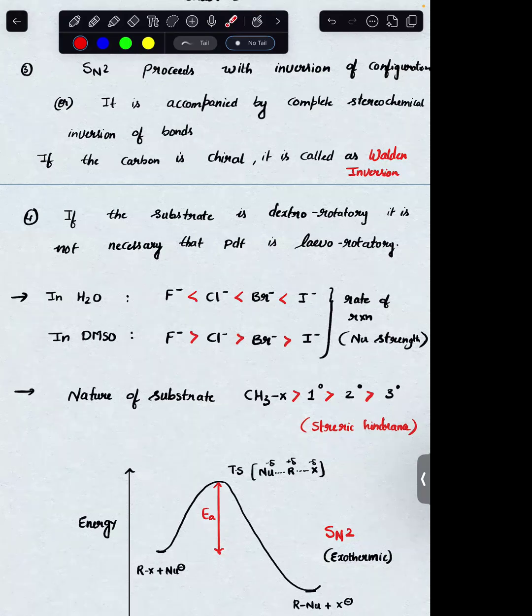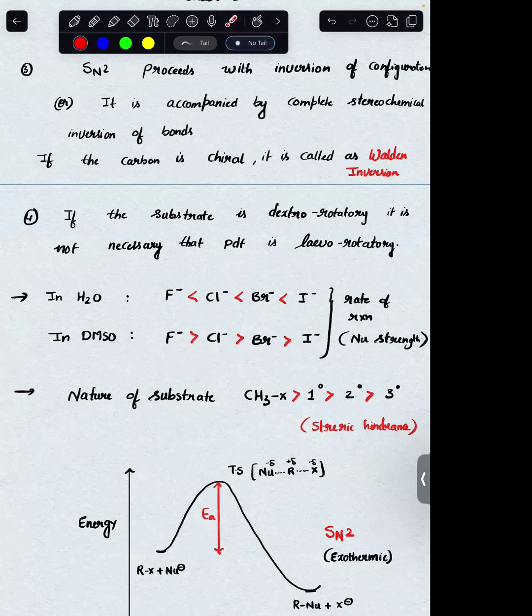Whichever is solvated to the greatest extent, its size increases. Once it has become bulky, it may not approach easily. Hence, the nucleophilic strength decreases. So in H2O, the order of reactivity is I minus greater than Br minus, Cl minus, F minus, because after solvation, F minus is the bulkiest.